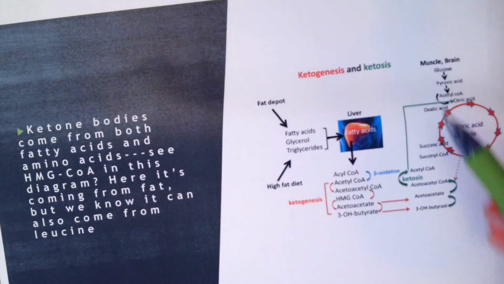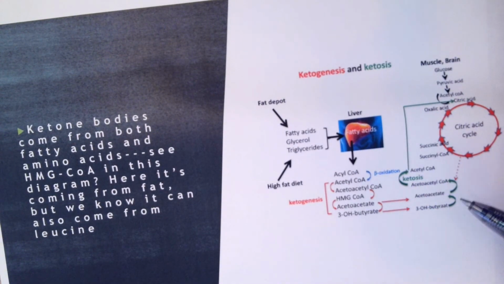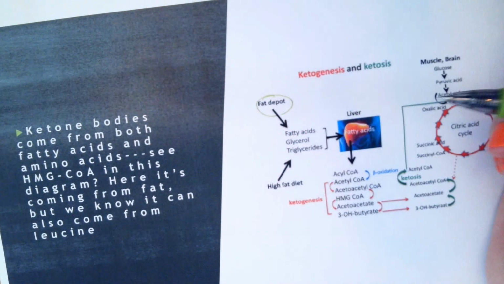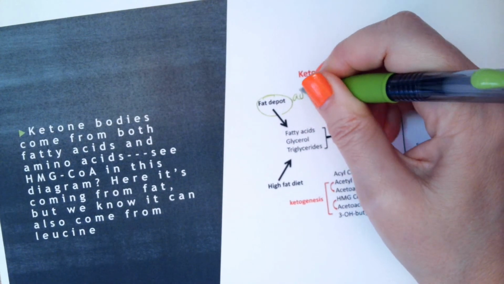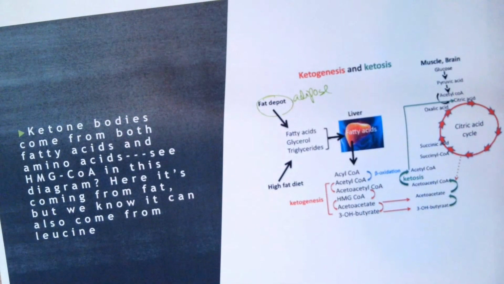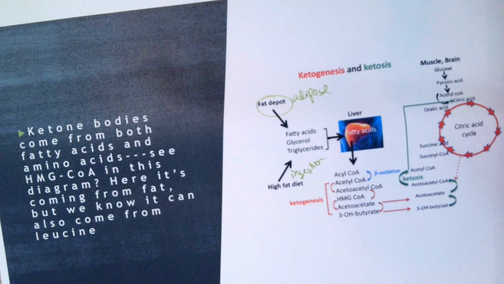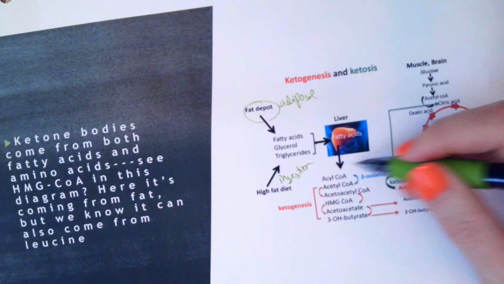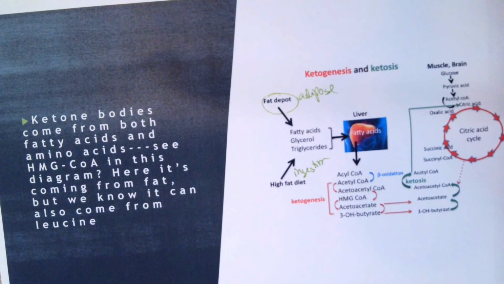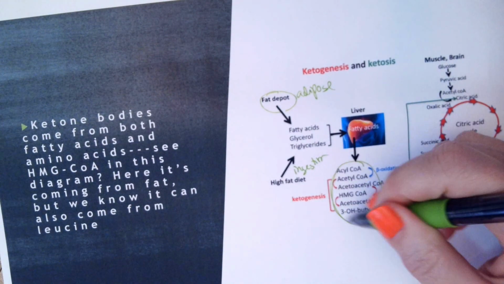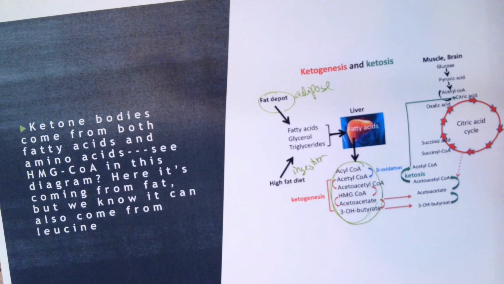So no matter where we're getting our ketones from, when they say a fat depot, they mean a fat storage, so adipose, say, or ingestion. The liver also produces fatty acids, puts them together, conversion, all that kind of stuff. And here are some various keto bodies that we can be making.